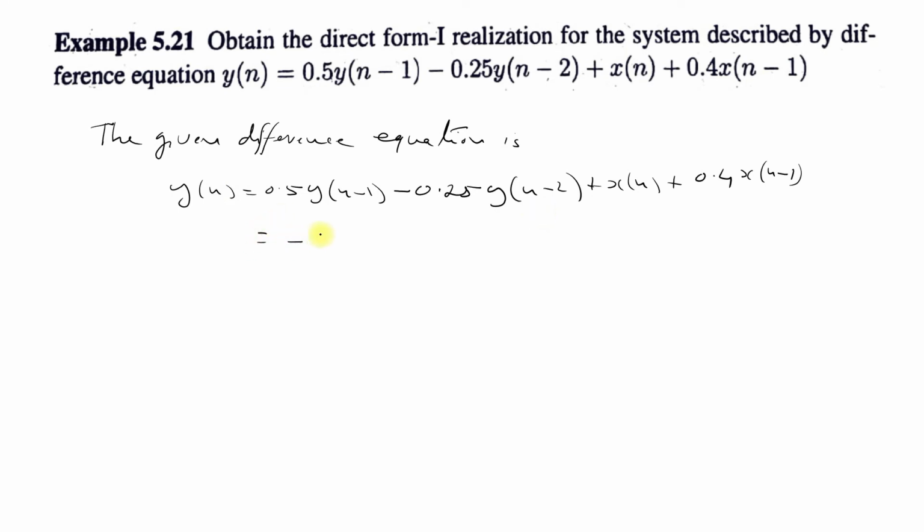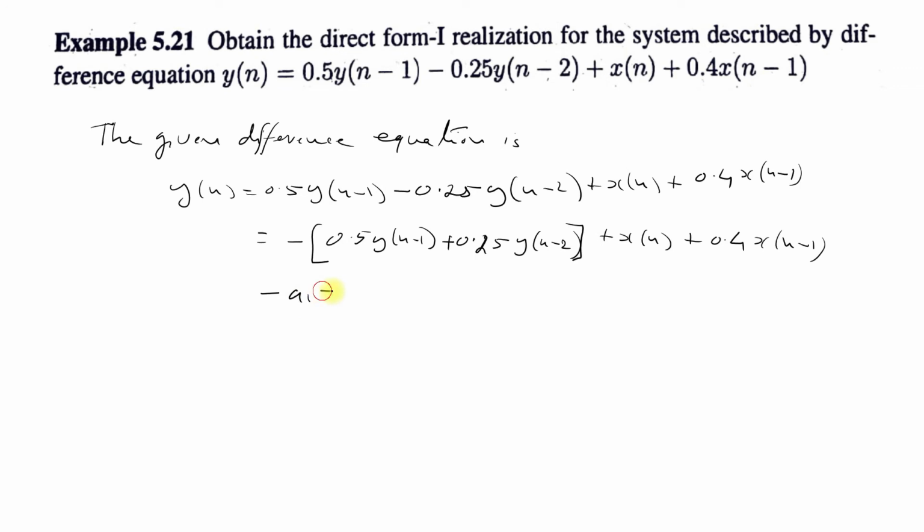We know that if you take the coefficients of y, that is the a coefficients, then their negatives will be in the standard form. So ultimately we are getting the same coefficients, so we can directly write it like that. The coefficient minus a1 equal to 0.5.